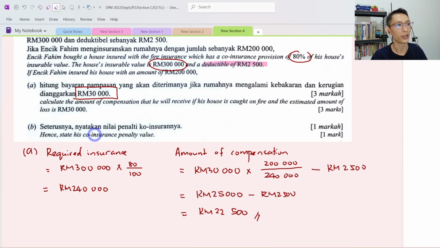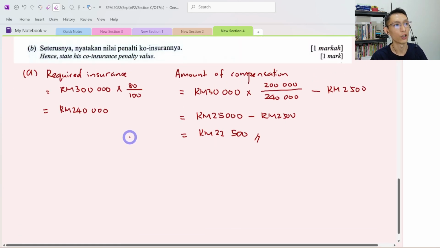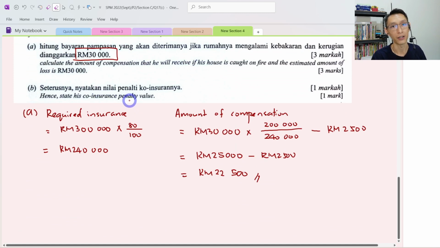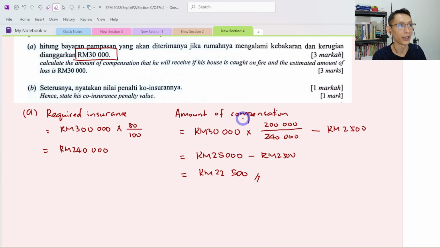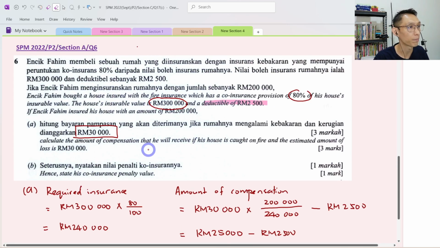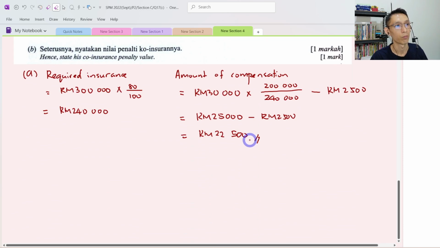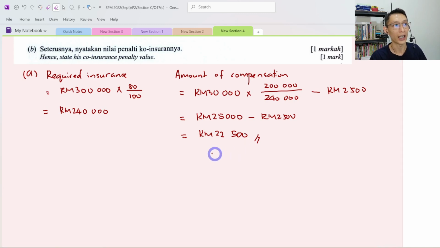State the co-insurance penalty value. Now, what is the co-insurance penalty value? This is related to the amount of compensation received by Injay Fahim. Because he did not insure his house at the required insurance amount, the amount of compensation received by him becomes less.